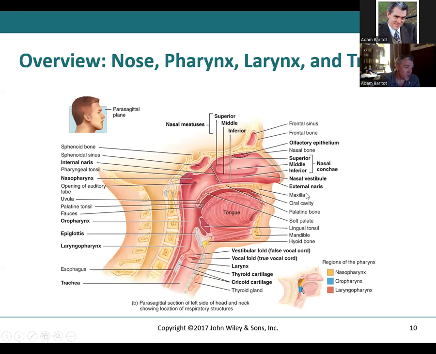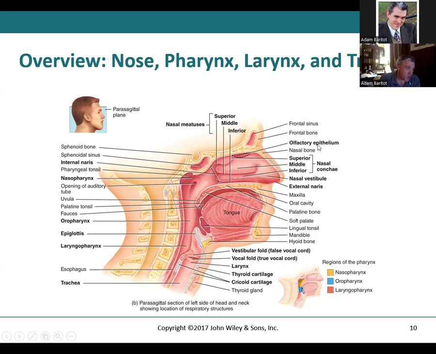Within our nose, for those of you who have seen a child pick their nose before, that is the nasal vestibule inside our nostrils. As air enters this area, that air will be spun. So the tiny little hairs within our cilia can detect odorants, as well as the larger hairs will cycle out impurities. Those spinning areas are called nasal conchae. They spin the air as it travels through our nose.